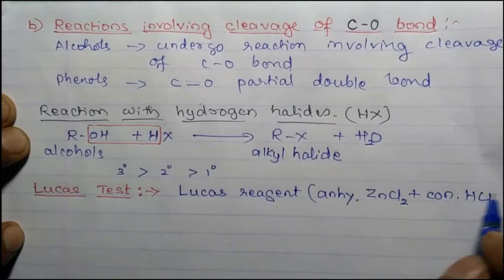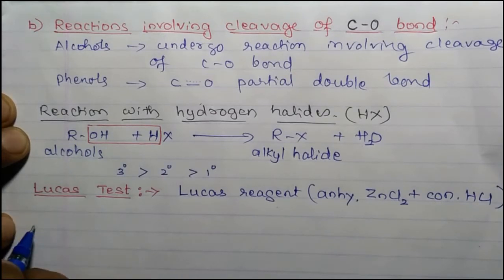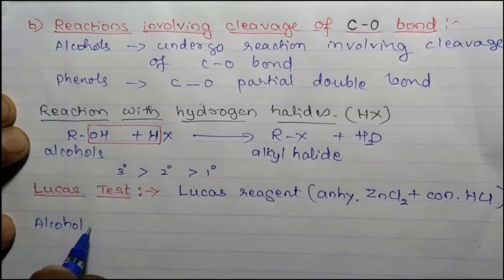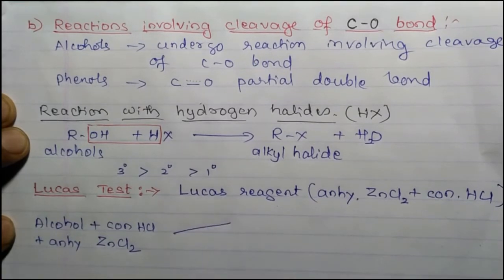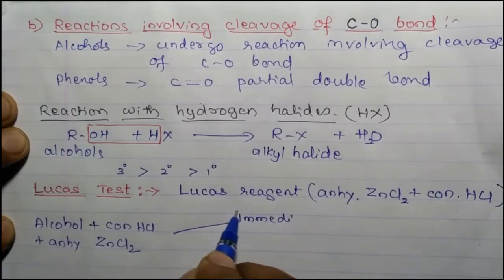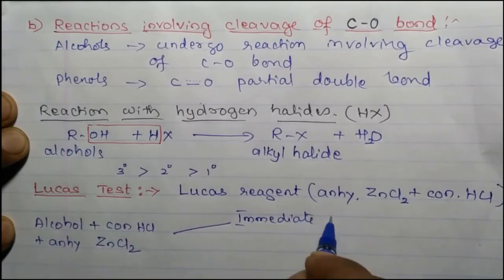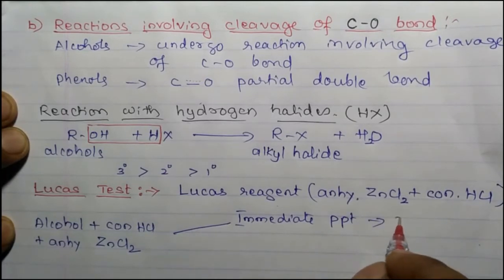When any type of alcohol is treated with the Lucas reagent, if it gives immediate turbidity or precipitate, that represents a tertiary alcohol.